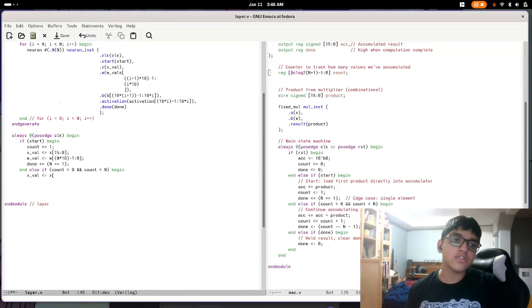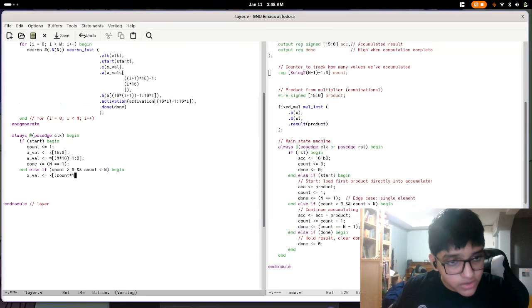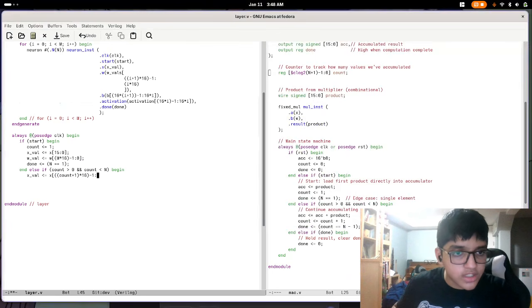x value, so x is equal to count times 16. Wait, no. Count plus 1 times 16 minus 1 to count times 16.